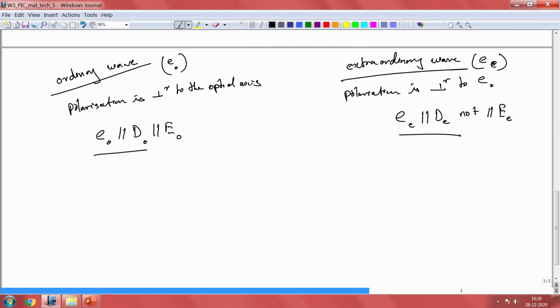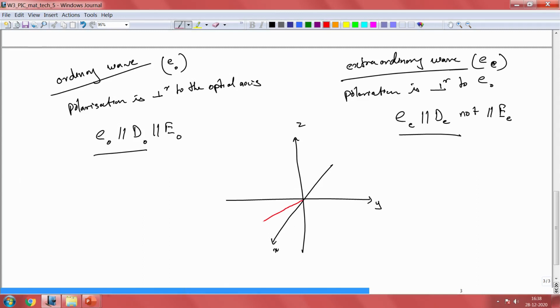So, for a uniaxial crystal, let us try to map this, right, how one can understand this. Let us say this is Z and let us say this is Y, and this is say X. So, your ordinary wave is here. Let me pick a different color.